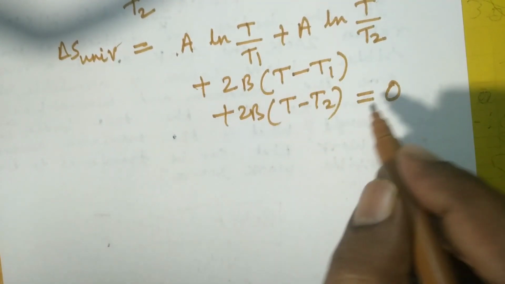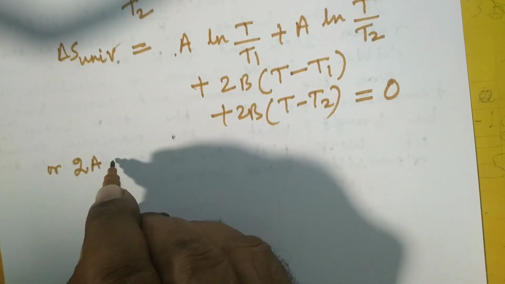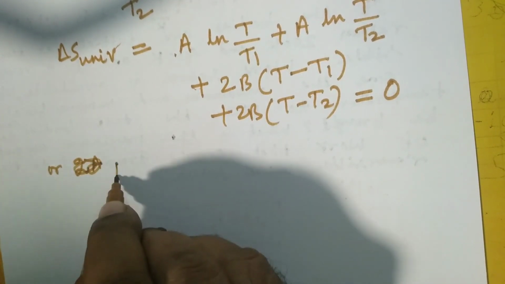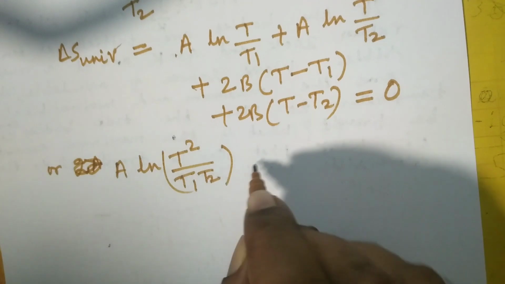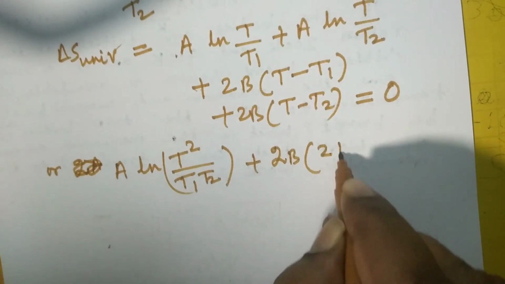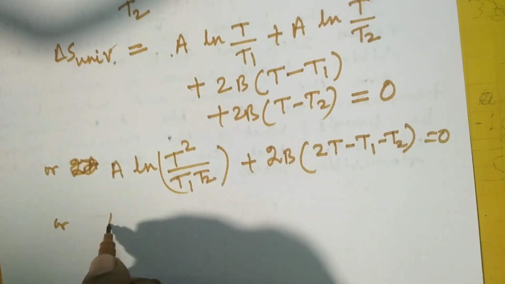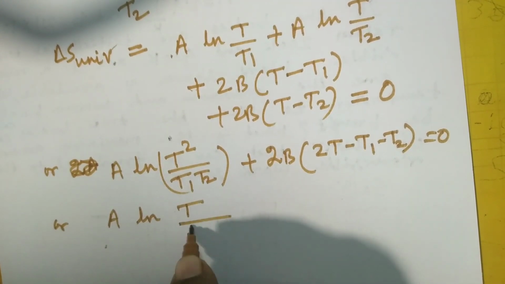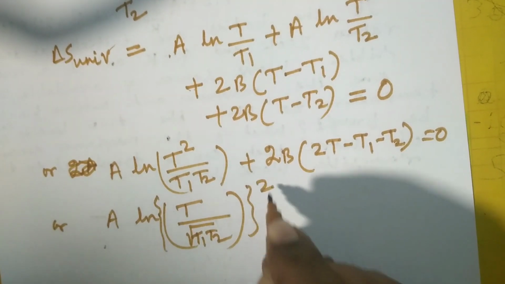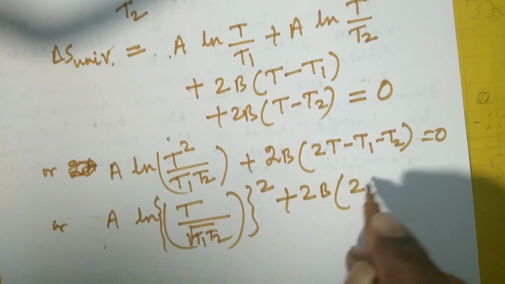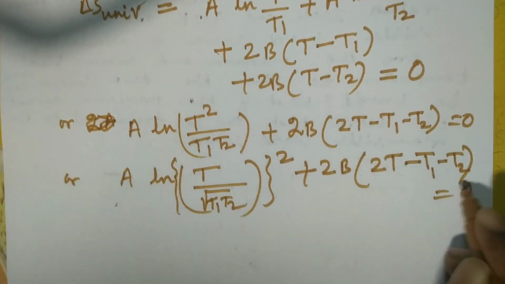Now we just have to solve this equation to find the temperature T. Or, this is A ln T squared by T1 T2 plus 2B times (2T minus T1 minus T2) equal to 0, or A ln of (T by square root of T1 T2) squared plus 2B times (2T minus T1 minus T2) equal to 0.